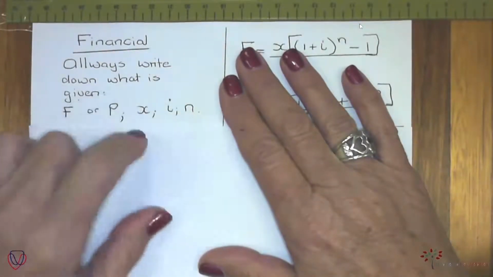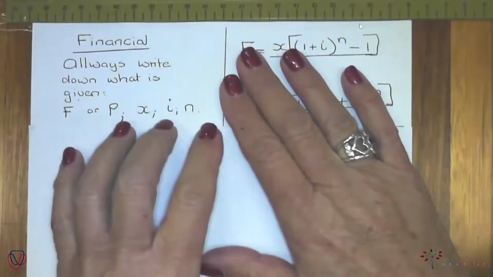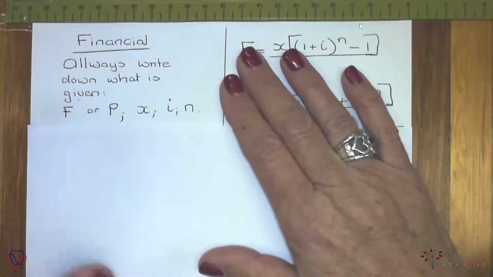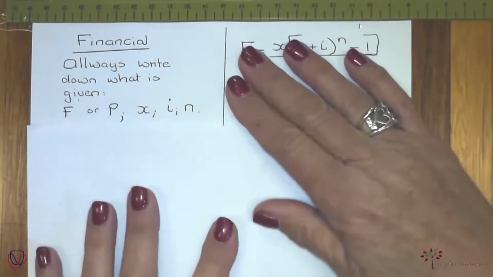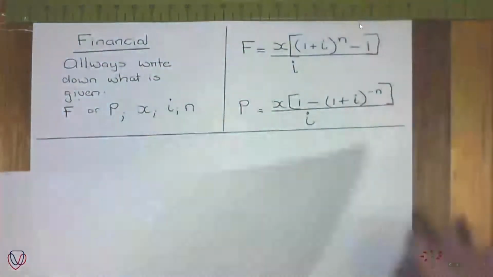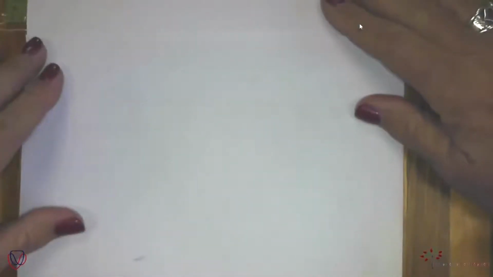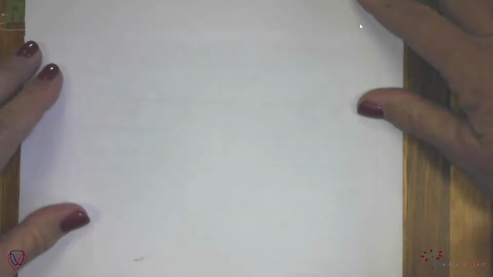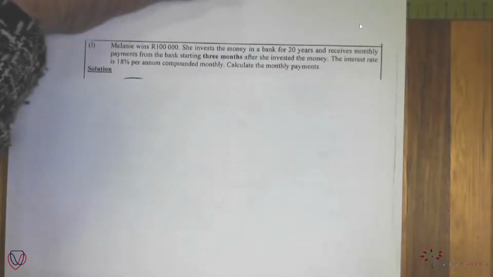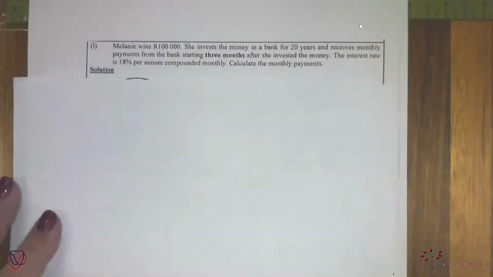F, P, X, I, N. Those are the 5 variables that can be used in a lot of your grade 12 work. So let's have a look at the first sum here. This is not very easy, but if you read well and you use the correct formula, it's not so difficult. The thing is, you must understand what you read, okay?